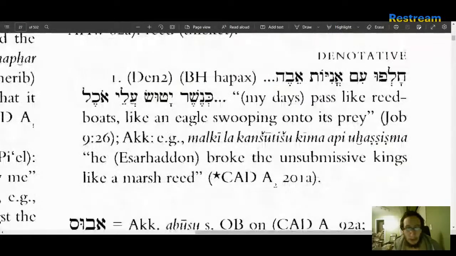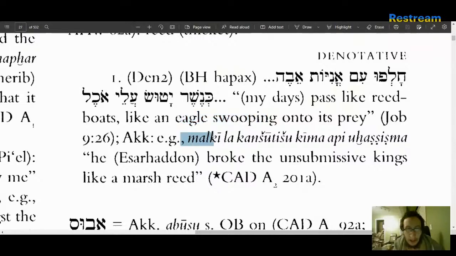So Biblical Hebrew hapax, that means it only occurs one time in the Bible. My days passed like reed boats, like an eagle swooping onto its prey. So in Akkadian, we see he broke the unsubmissive kings like a marsh reed.